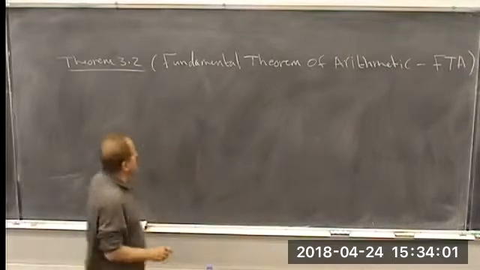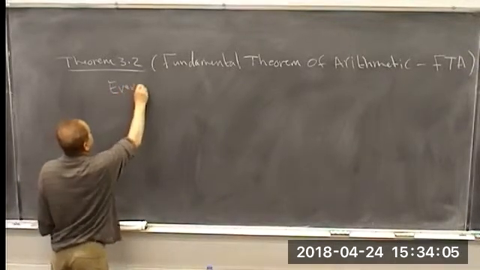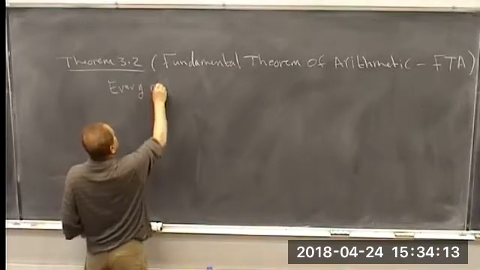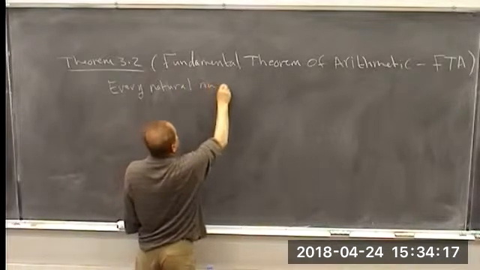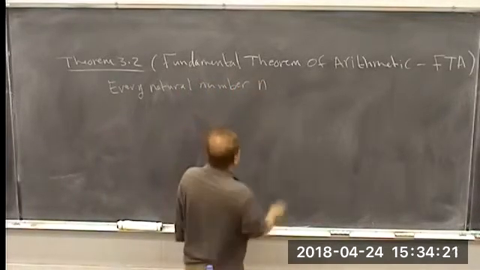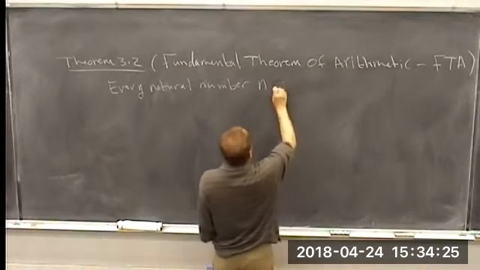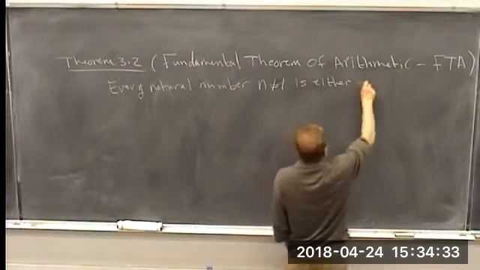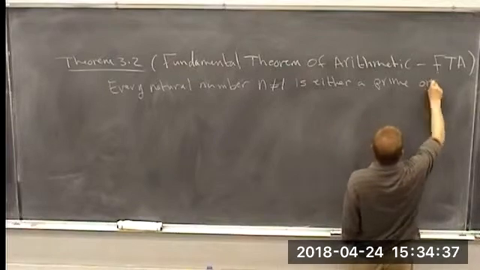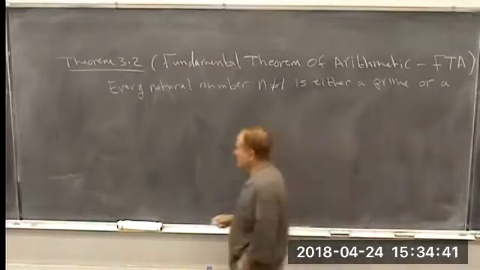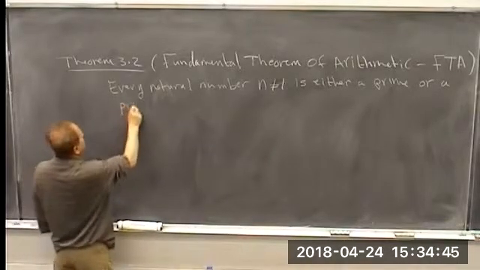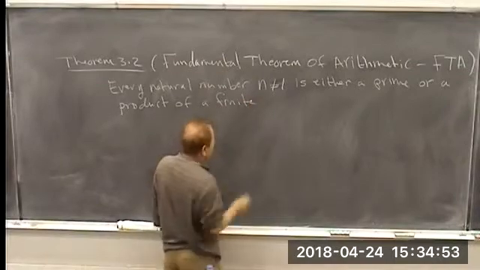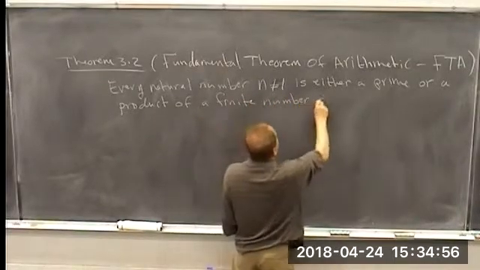It states that every natural number n that does not equal 1 is either a prime or a product of a finite number of primes.